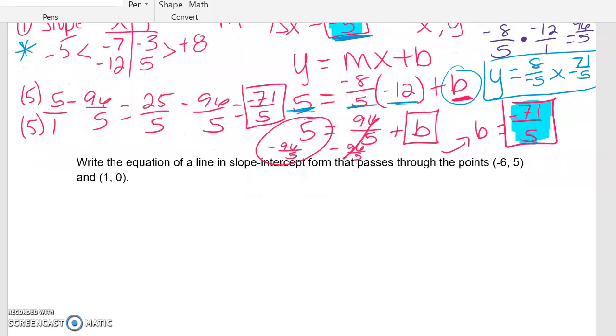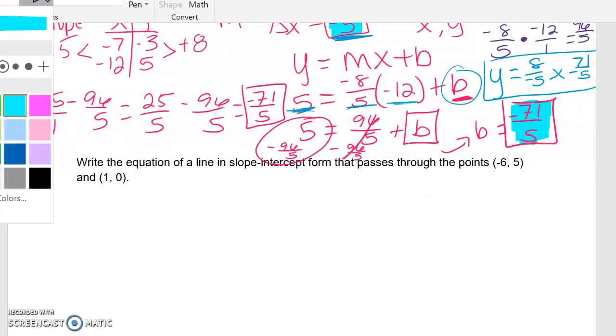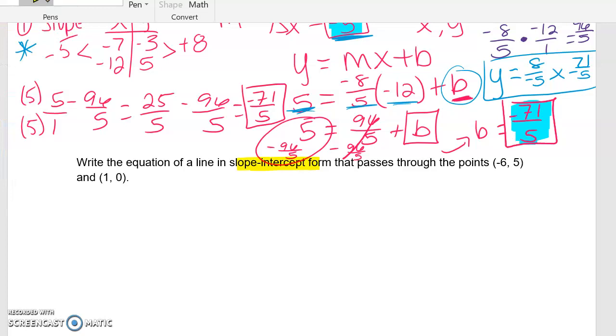I'm asked again to find an equation in slope-intercept form that passes through these 2 points. First things first, we want to find our slope. So I'm just going to make my xy table. I have negative 6, 5, and I have 1, 0.